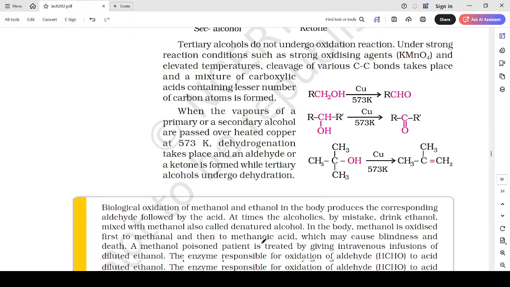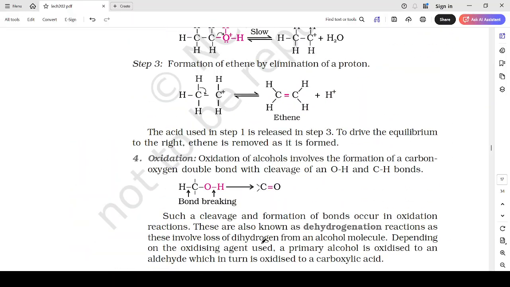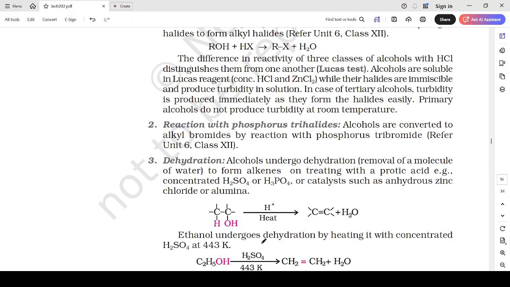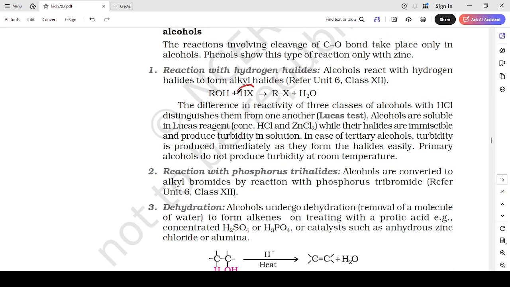So what we have completed till now is the reactions of the phenols. To sum up, let's recall the reactions of alcohols from our previous session. Alcohol in the presence of HX, hydroacid, gives RX. We learnt about the Lucas test, HCl in the presence of zinc chloride, where tertiary alcohol gives immediate turbidity.